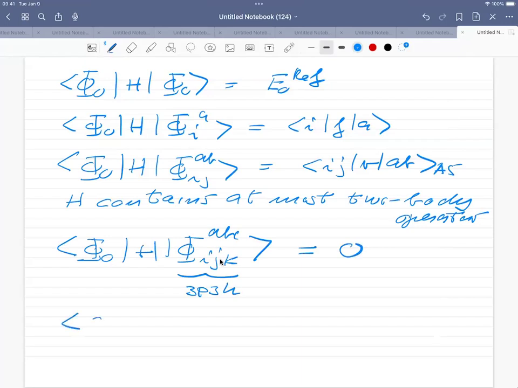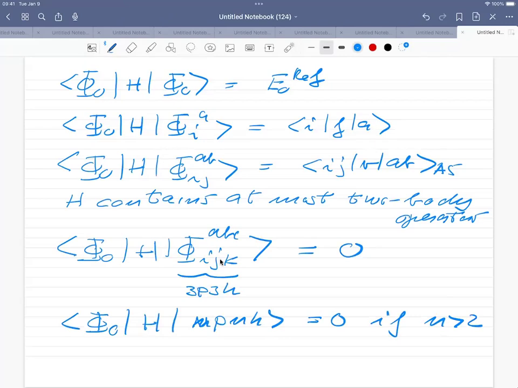So that means again that phi of 0 with H, and then an n-particle, n-hole state, is 0 if n is larger than 2. This simplifies the matrix elements which we're dealing with.